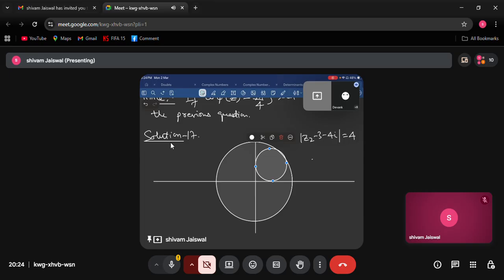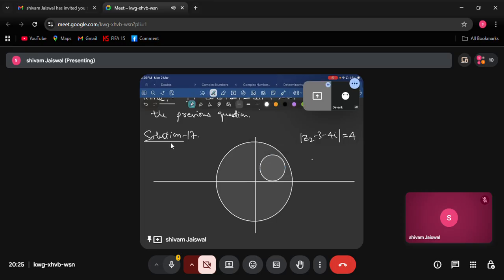The center is 3 comma 4, and since the radius is 4 units, it will touch the x-axis.